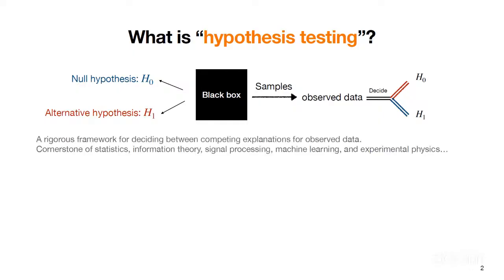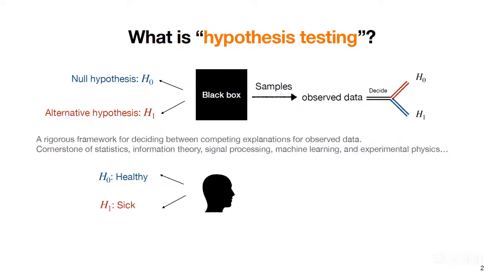This is a very foundational and rigorous framework for deciding between competing explanations for observed data, and it's a cornerstone for a lot of subjects: statistics, information theory, machine learning, etc. So I can give you a simple example. Imagine that we're in COVID-19. We have a person, and we don't know whether this person is healthy or sick.